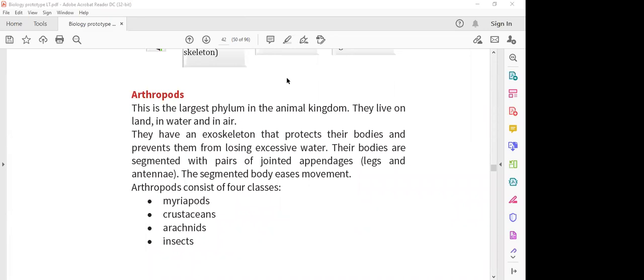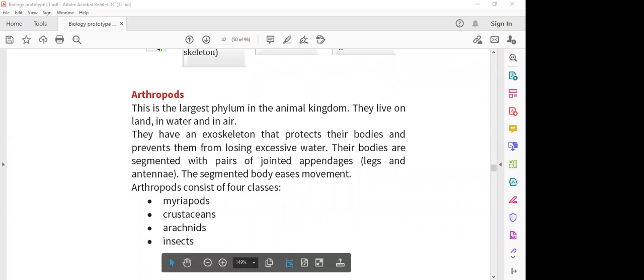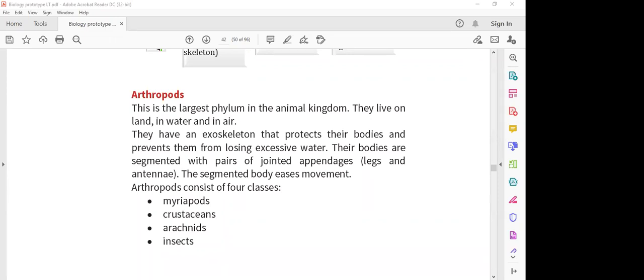Their bodies are segmented with pairs of jointed appendages, in brackets, legs and antennas. The segmented body eases movement. Arthropods consist of 4 classes: Myriapods, Crustaceans, Arachnids, Insects.